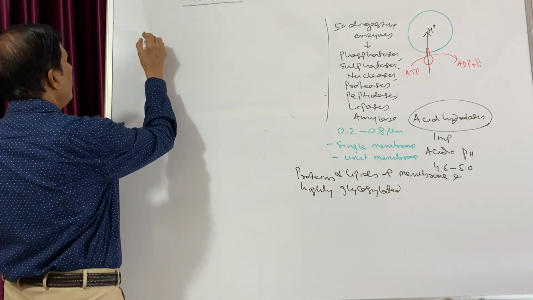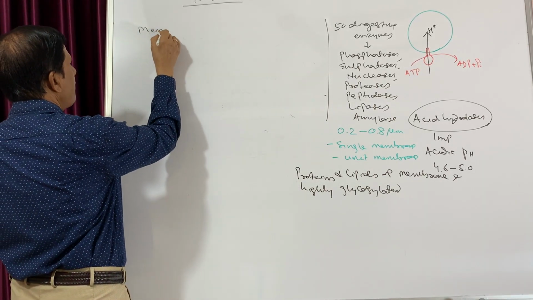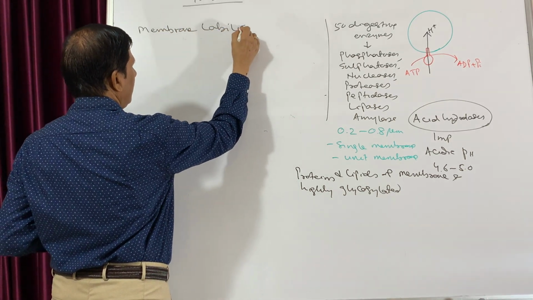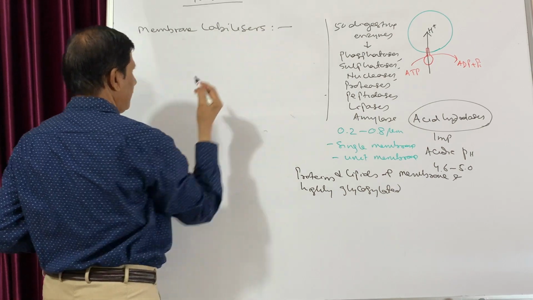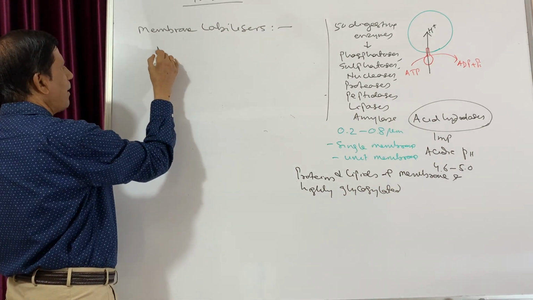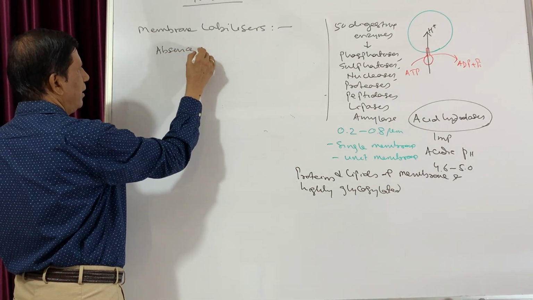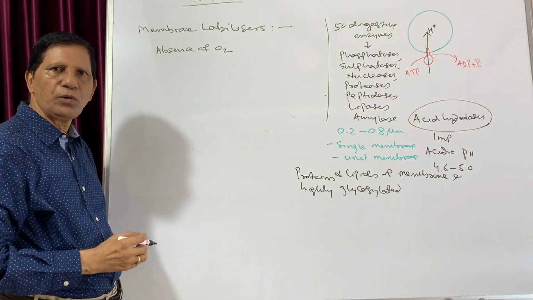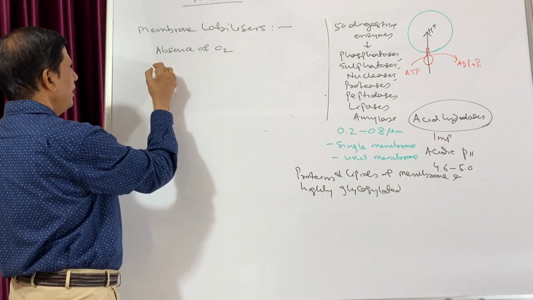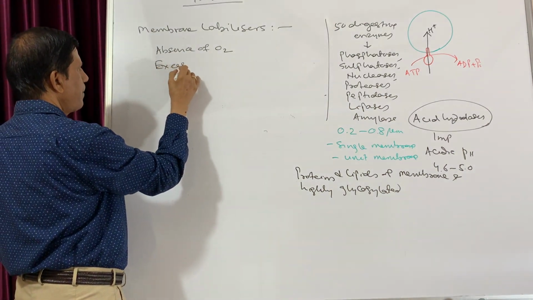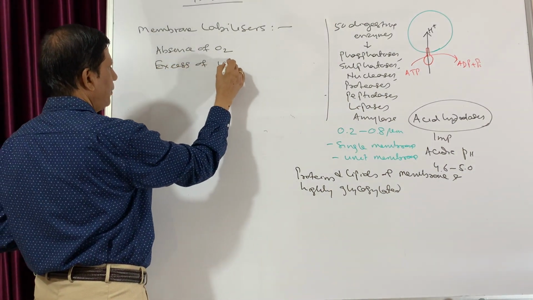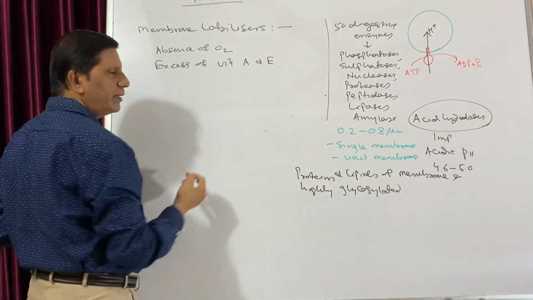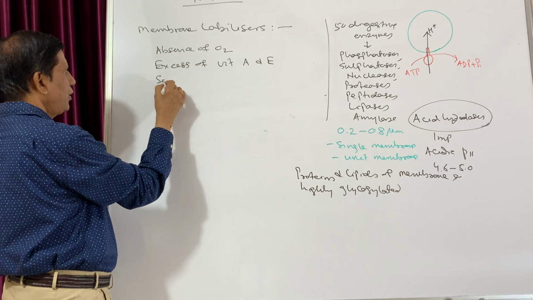So the membrane labilizers are usually absence of oxygen. That means if the oxygen concentration is low, then there is a possibility. Then excess of vitamin A and vitamin E. Then sex hormones.